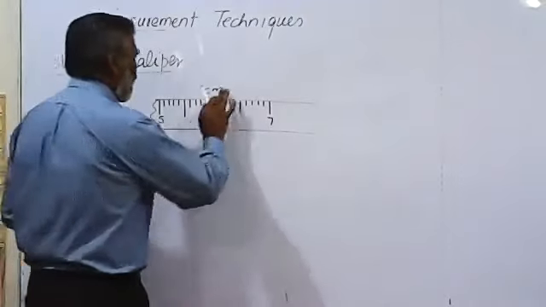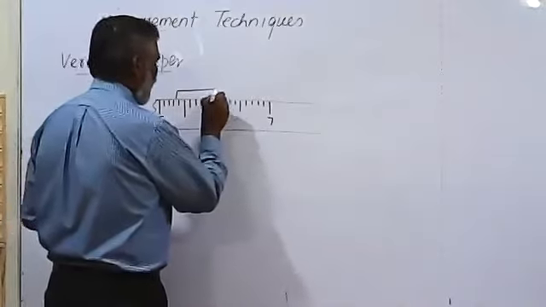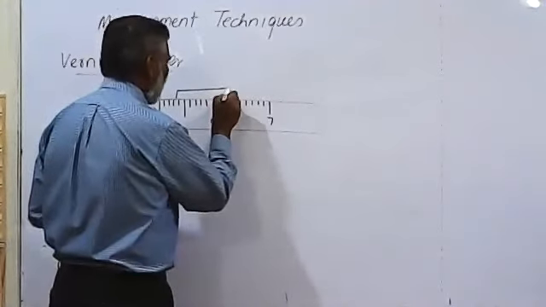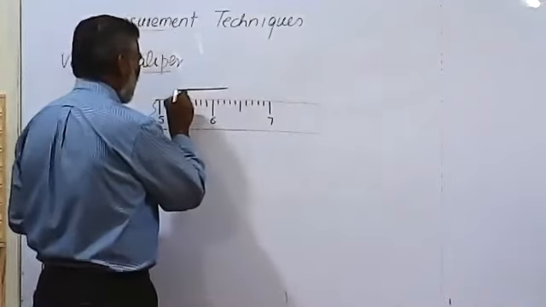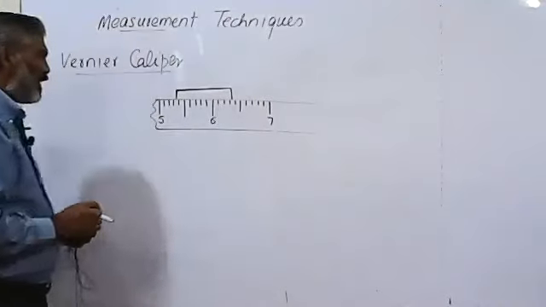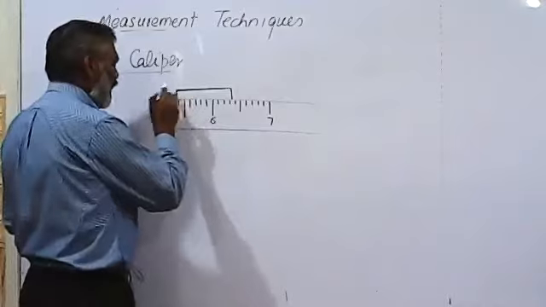We have a sliding scale on it, and that sliding scale also has divisions on it, and those divisions are 20 in number.